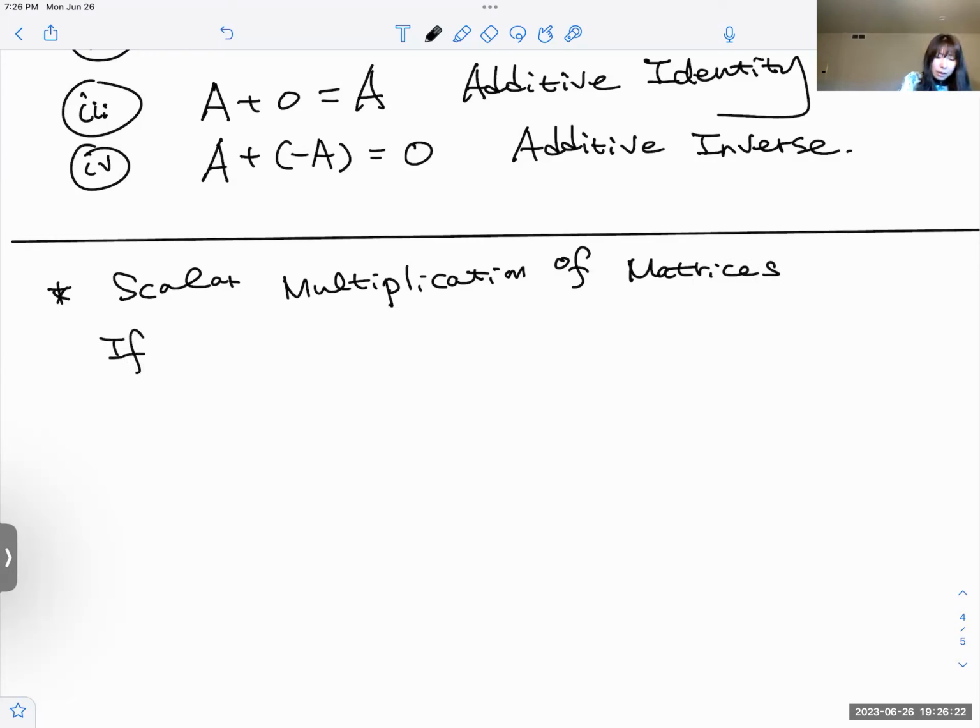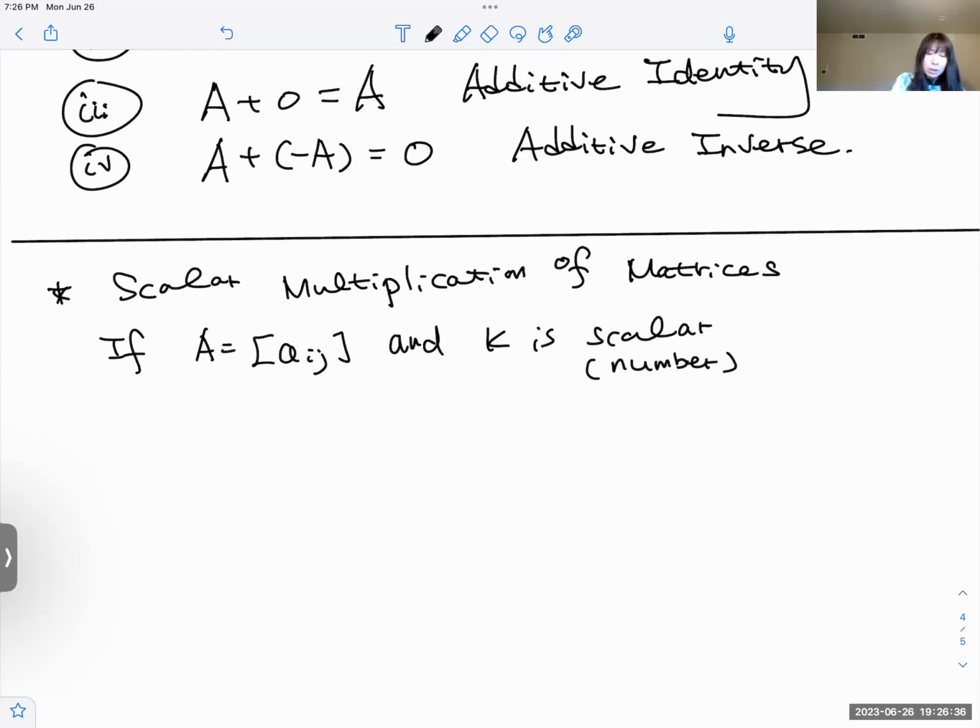Definition: if A equals Aij entries and k is a scalar, so scalar means any number, right? Then kA equals the matrix where we multiply k times each entry. Okay, let us do this one.